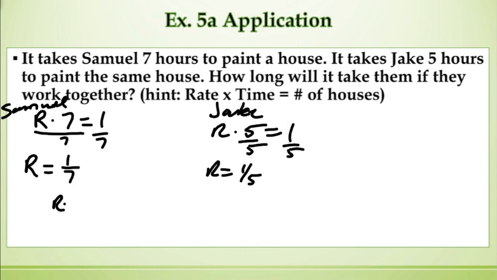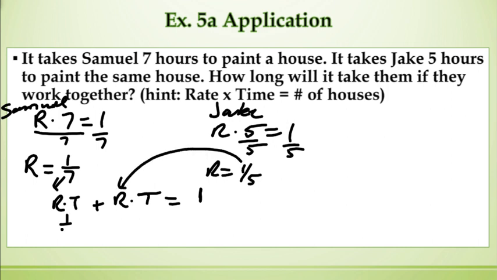So if they're doing it together, you're going to have Samuel's rate times time plus Jake's rate times time. That will give you the total of one house painted. So if I put in their rates, I have 1/7 t for time plus 1/5 t equals 1.